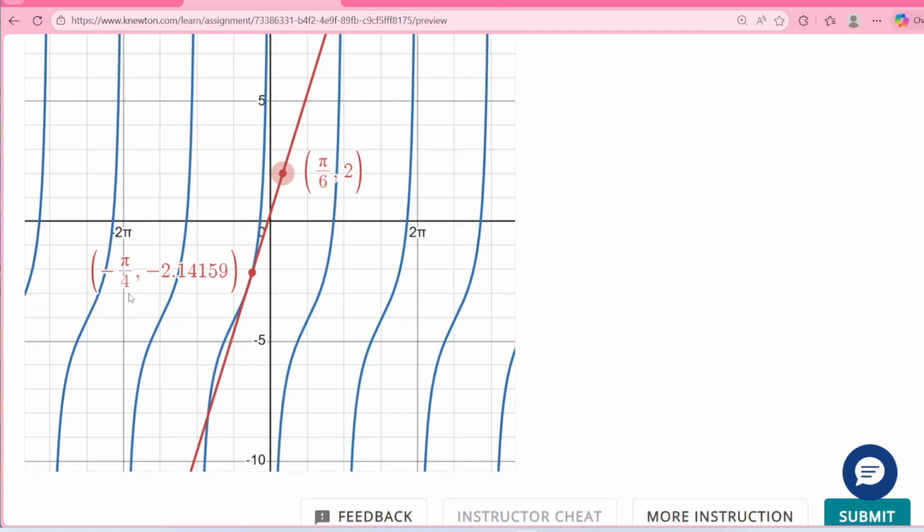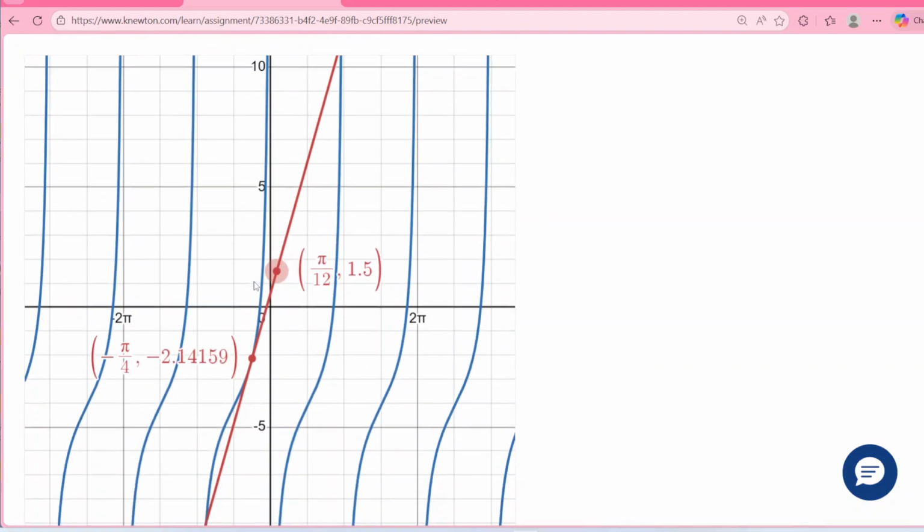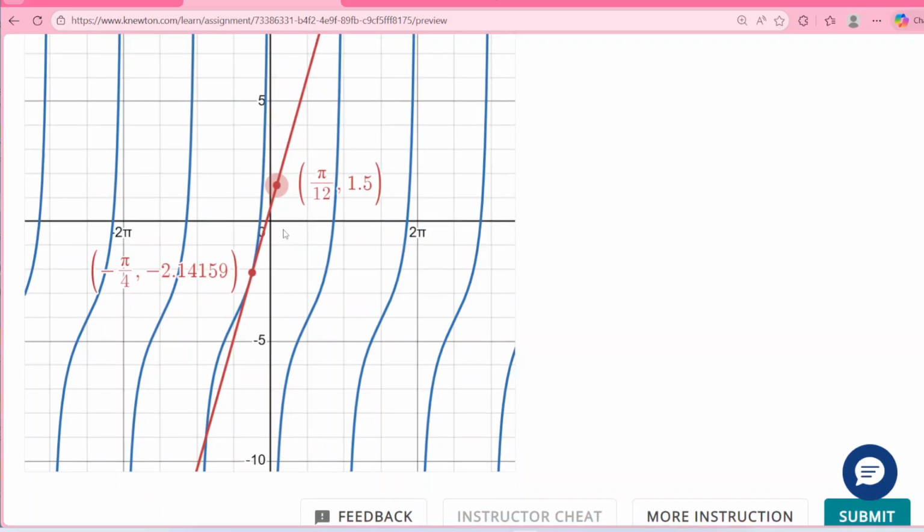Now if I move to the right 1, I don't know if you can move it perfectly like that. Yeah, it goes by nice values. So I think if you just move it so it looks like it is tangent, so maybe something like that. See how it looks like it's tangent.